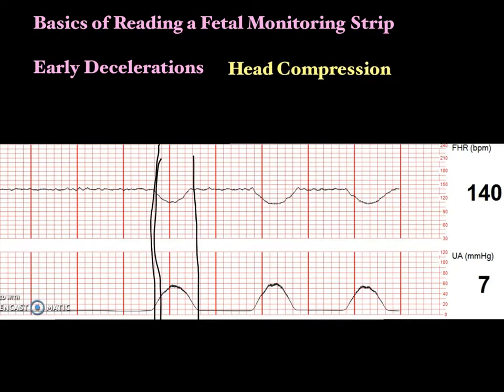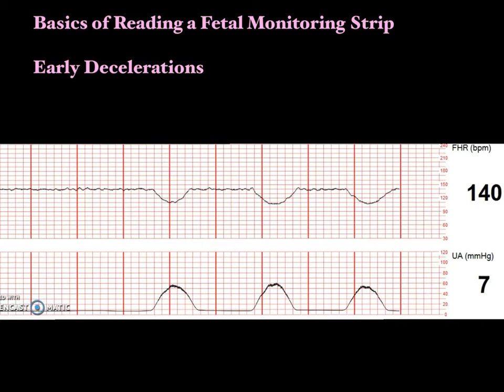The only time that an early deceleration is really a problem, it's really not a problem for the baby per se, but if mom is really like 2 to 3 centimeters and the baby's head is way up high, the presenting part is high, and you're getting head compression, well, that might just mean that there's a tight fit, that pelvis isn't big enough. So the baby's head is getting squeezed before it's really descended into the birth canal.